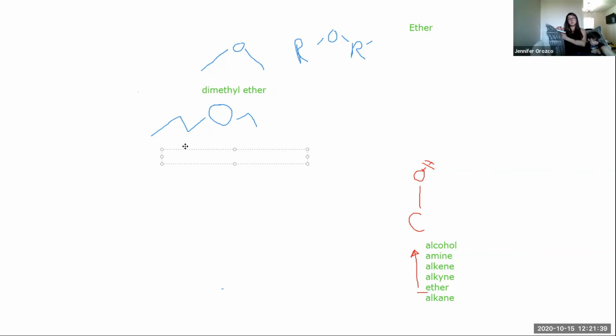Ethyl, propyl, 1, 2, 3, 4. Methyl propyl ether. There you go. So it'll be ethyl propyl ether.